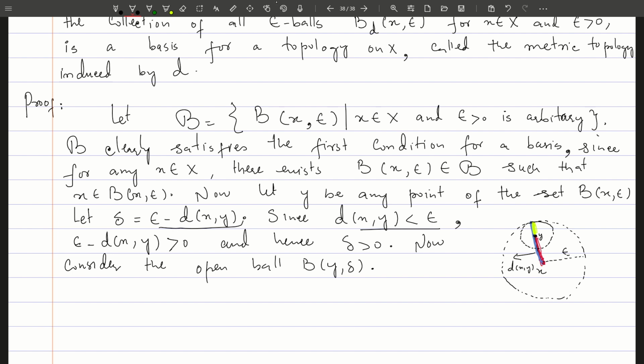Now we want to prove that this ball B(y, delta) is contained in the ball B(x, epsilon). To prove this, we pick any point here and show this point is also here. Let us call this z. Let z belong to B(y, delta) be any point.